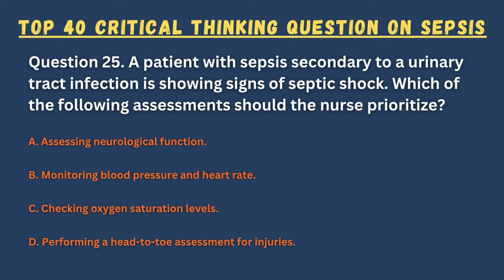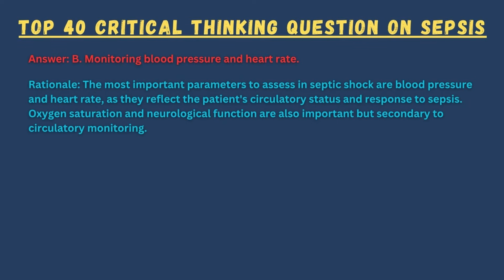D. Performing a head-to-toe assessment for injuries. Answer: B. Monitoring blood pressure and heart rate. Rationale: the most important parameters to assess in septic shock are blood pressure and heart rate, as they reflect the patient's circulatory status and response to sepsis.